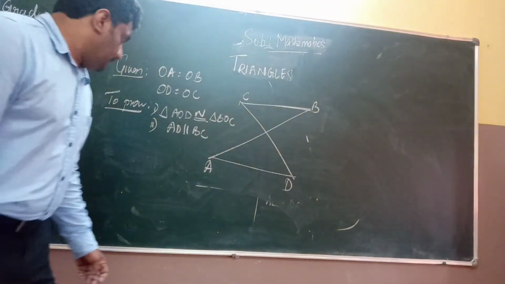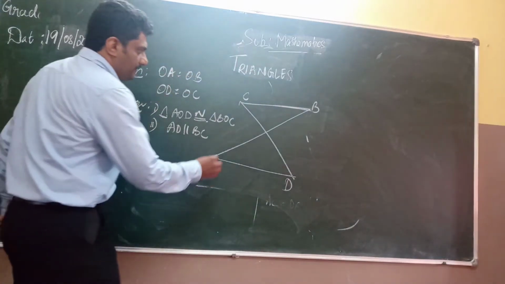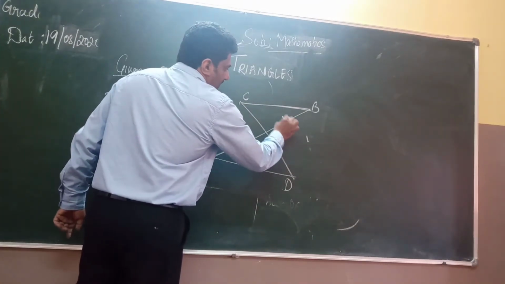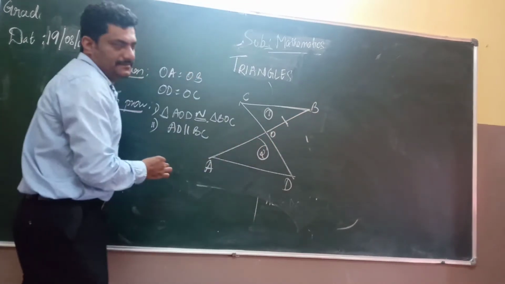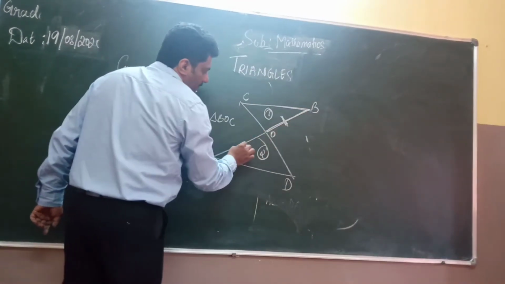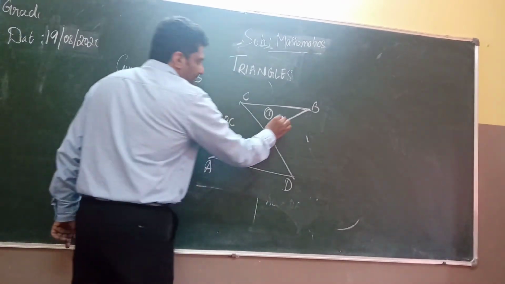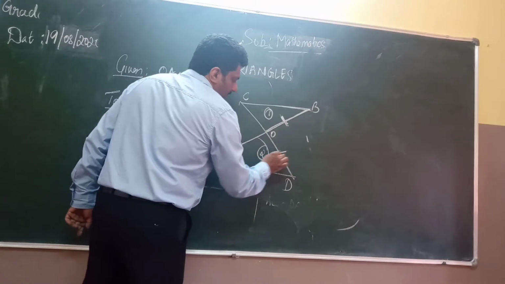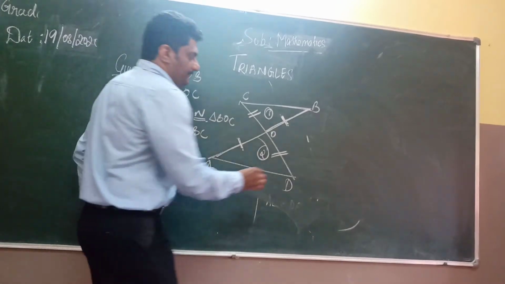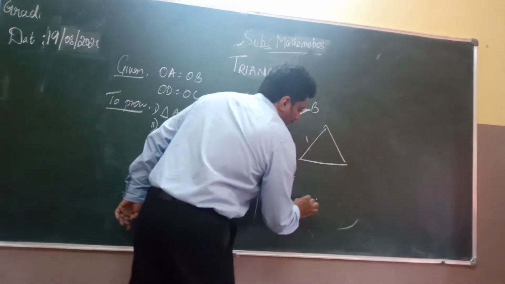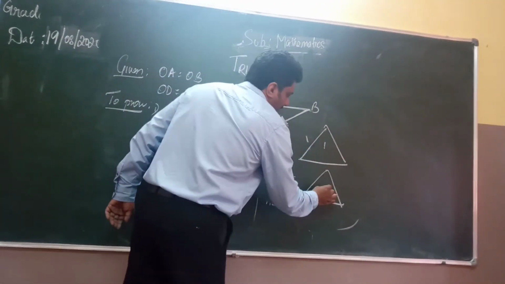Now here, they have given OA and OB are equal. See, this is the first triangle, this is the second triangle. This side is equal to this side. This is the first thing they have told. Second, OD. This is a single line, this is equal to this. If I draw this separately, same triangles. This is triangle 1, triangle 2.